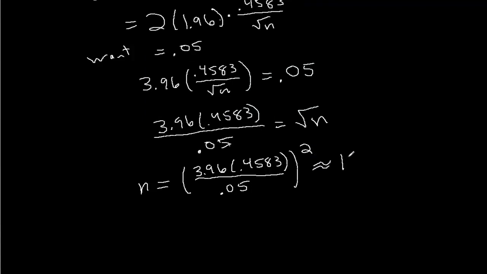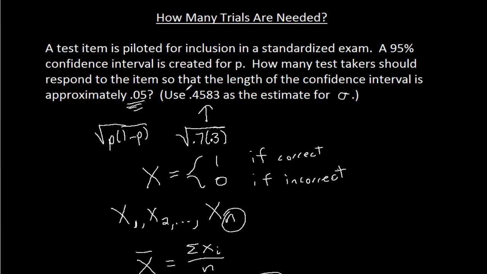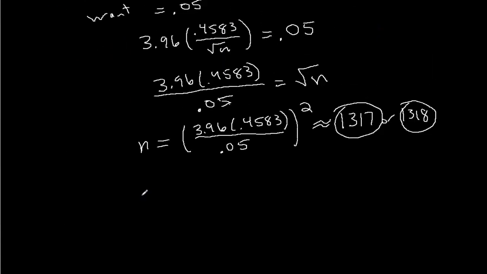So our sample size needs to be about 1317 or 1318. If we strictly rounded, then it'd be 1317. If we wanted a length absolutely no larger than 0.05, then you could make a case for 1318, but you can't really deal in absolutes here because we sort of pulled this estimate for the standard deviation out of the blue. So this is a ballpark estimate, right? It might as well round to the nearest value.